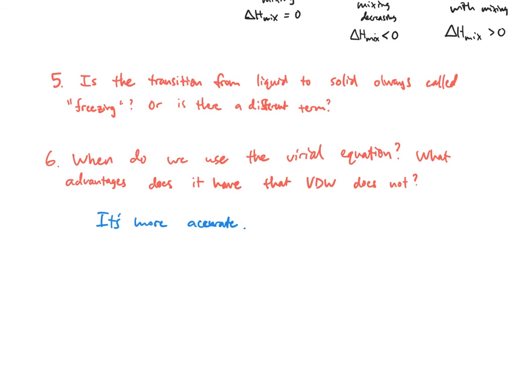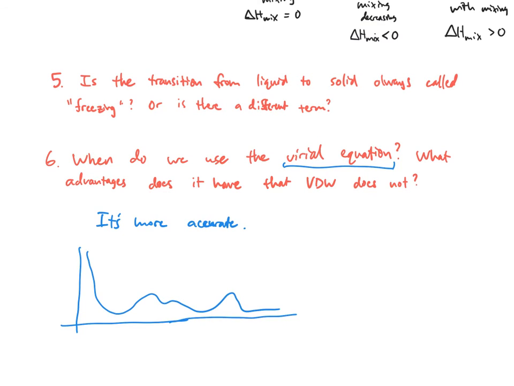And why is that? That's because the virial equation is an infinite series. So actually, it can describe any function. So you could have the weirdest, funniest looking function like this, where maybe you have the molar volume here and the pressure here. The van der Waals equation is definitely not going to describe anything like that.